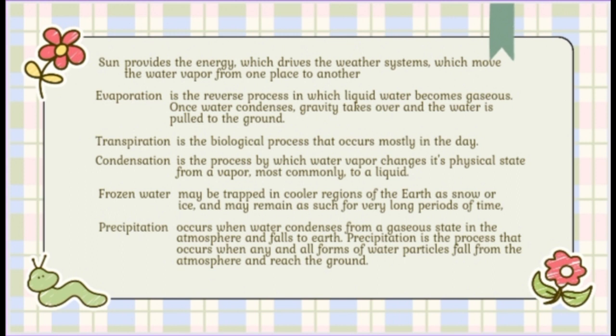The crystal grows to a critical size and drops as snow or ice. Sometimes as the ice or snow falls through lower elevation air, it melts and changes into raindrops.